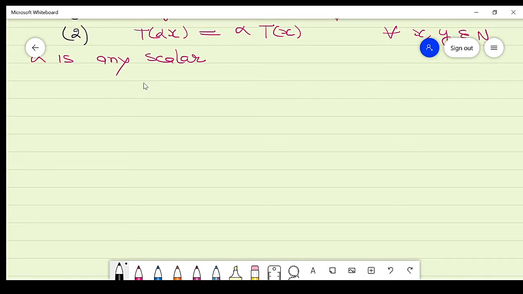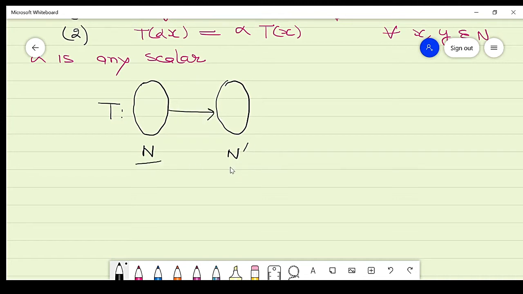This is one normed linear space and this is a second normed linear space, and T is some mapping from N to N dash, right? These are normed linear spaces over the same field, which is either R or C.